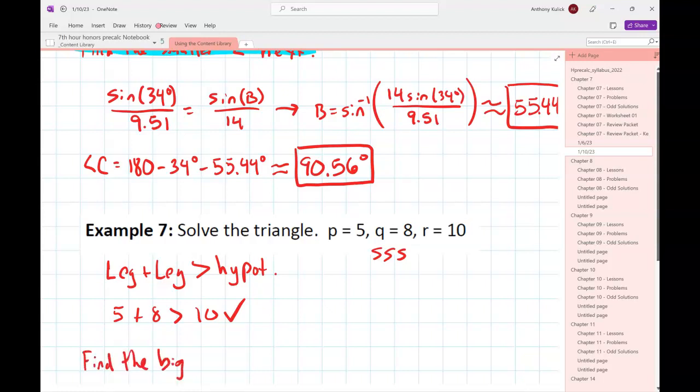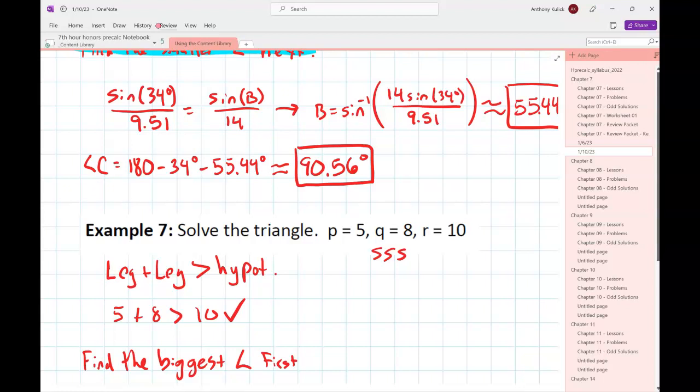The reason I go for the biggest angle first is because if that angle is obtuse, or actually just greater than or equal to 90 degrees, then I can't fall into an ambiguous case, and it doesn't really matter the order in which I solve for the other 2 angles, because the SSA has an obtuse angle in it, so I'm good.